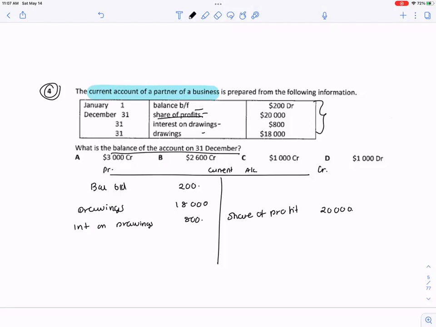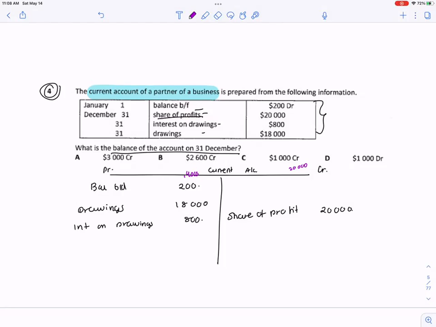The debit total is 19,200 and the credit total is 20,000.